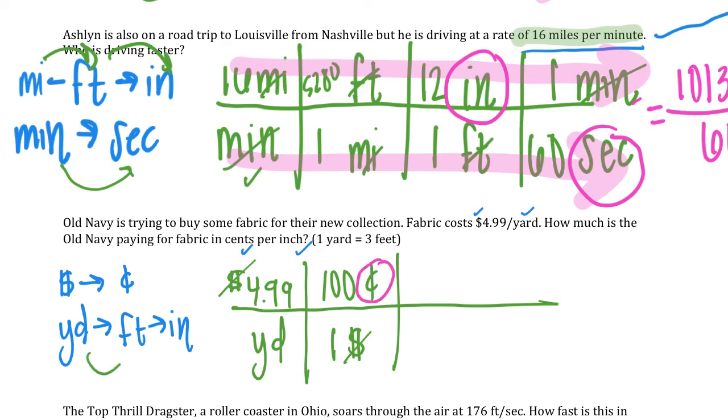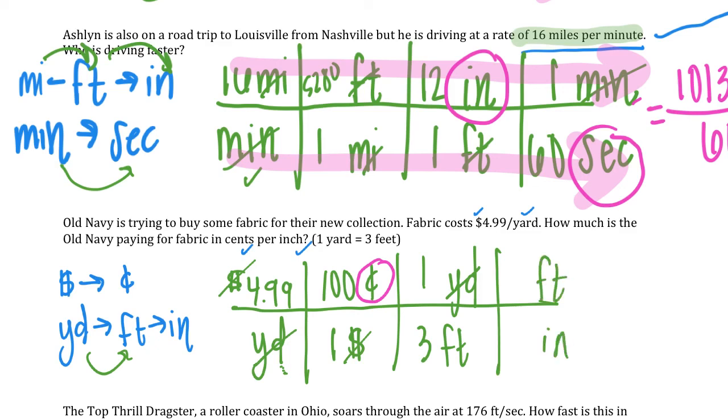Similarly, we're going to change yards to feet. Notice how yards is in the denominator, so we need to cancel it out by putting it in the numerator. We're going to change it to feet. 1 yard is 3 feet. The yards cancel. And then we need to change those feet to inches. 1 foot is 12 inches. The feet cancel. You end with your unit that you want to end in, which is inches.